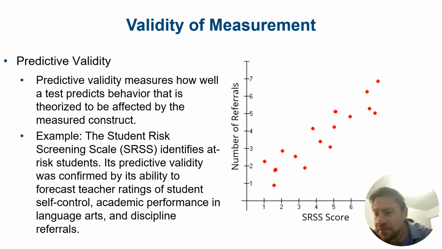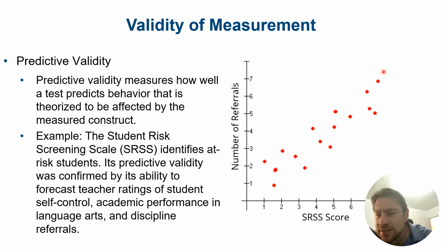And sure enough, the SRSS is a predictor of self-control and academic performance and the number of disciplinary referrals. So here's a hypothetical relationship that you might see between the SRSS score on the x-axis and the number of disciplinary referrals.